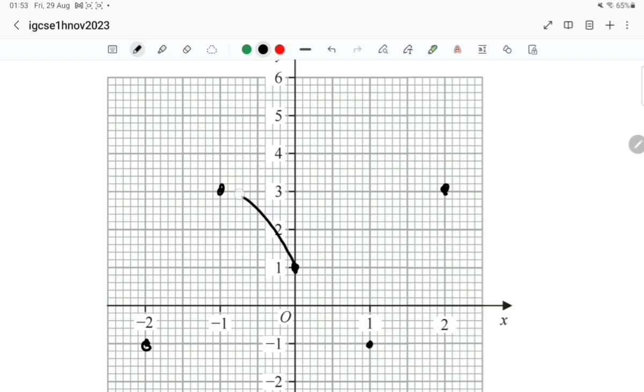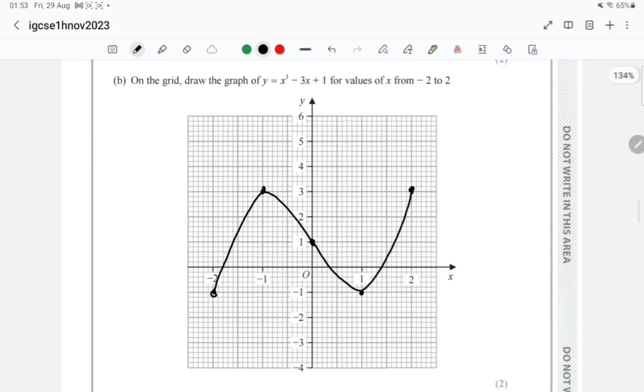So from here to here to here. Right, so this is my curve of y is equal to x cubed minus 3x plus 1.